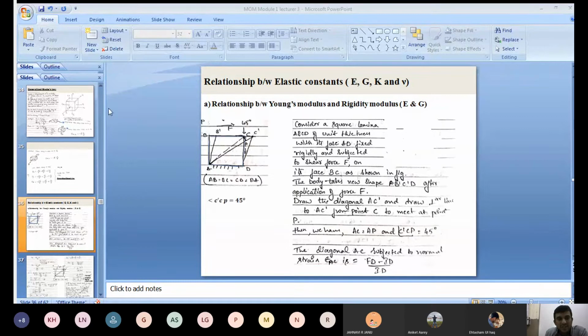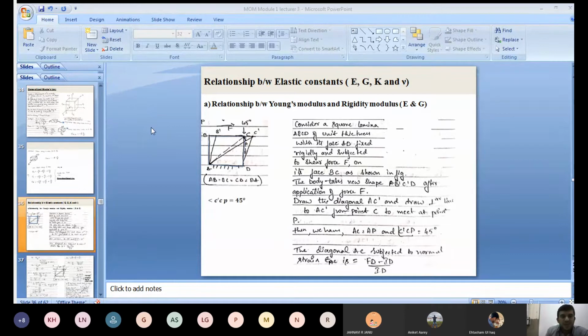Now you can see A, B dash, C dash, D. That square lamina becomes a rhombus or a parallelogram, right? At the same time, see the line CD and C dash D. This is called the shear strain, meaning a change in shape takes place here, gamma, right?